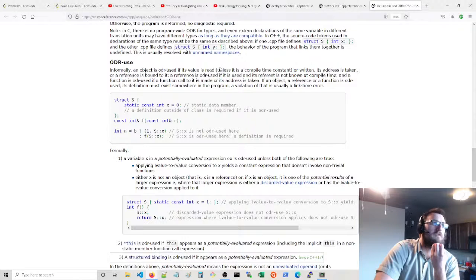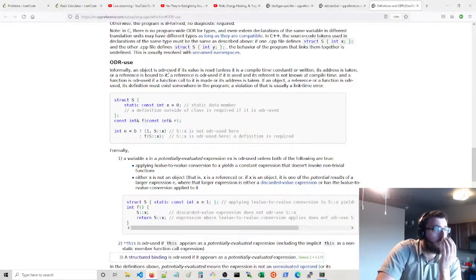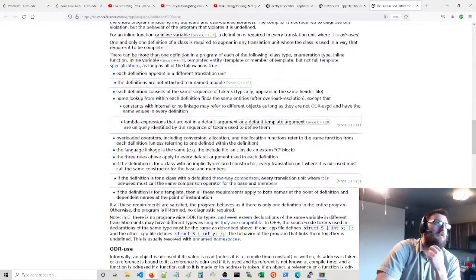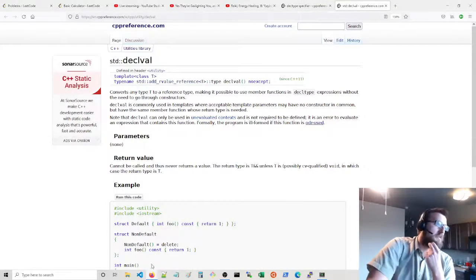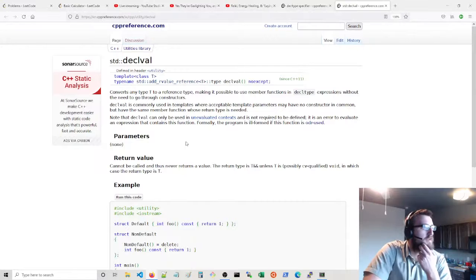A reference is ODR used if its referent is not known at compile time, and a function is ODR used if a function call to it is made or its address is taken. If an object, a reference, or a function is ODR used, its definition must exist somewhere in the program. Violation of that is usually a link time error. Gotcha. One definition rule. It's a little confusing. I'd have to go over what that means again.